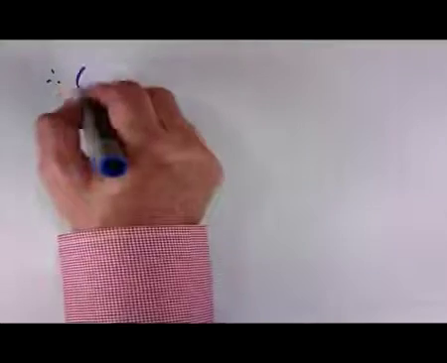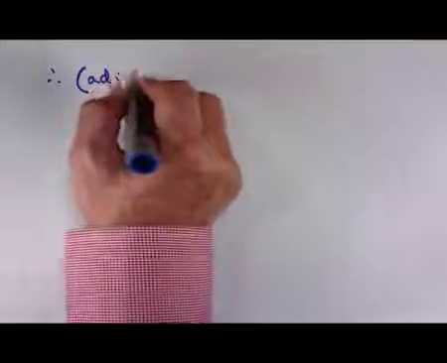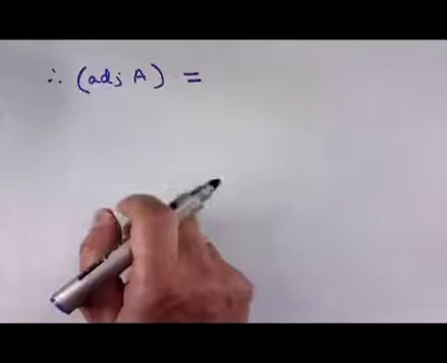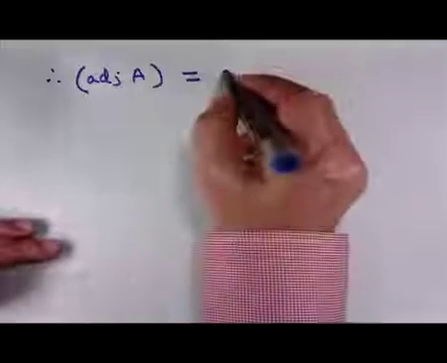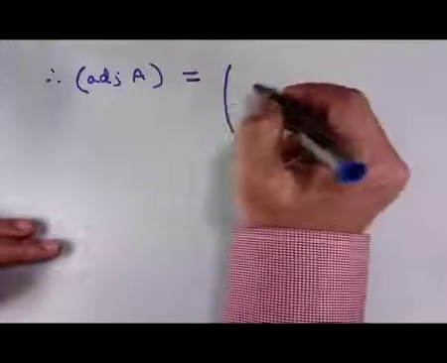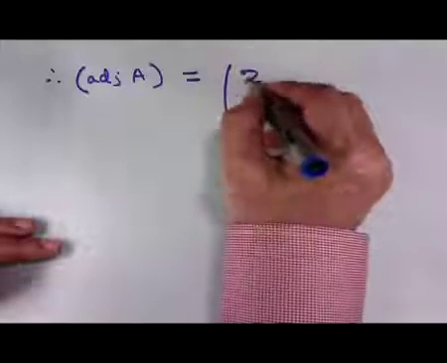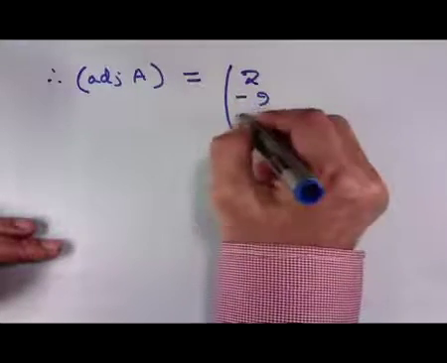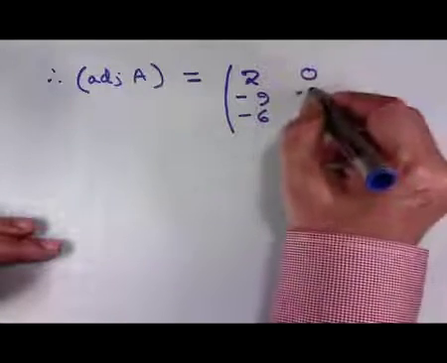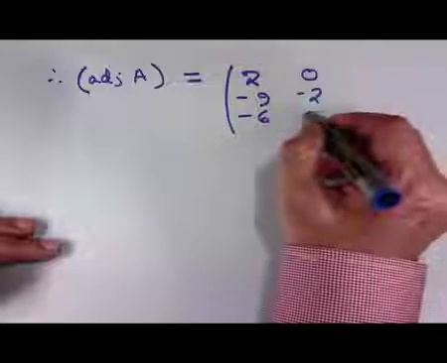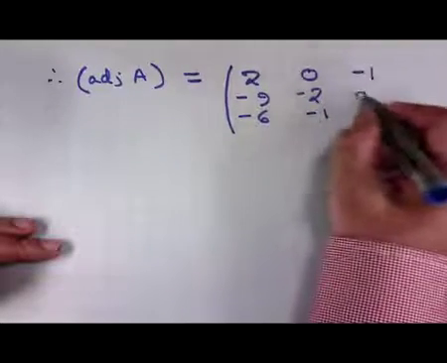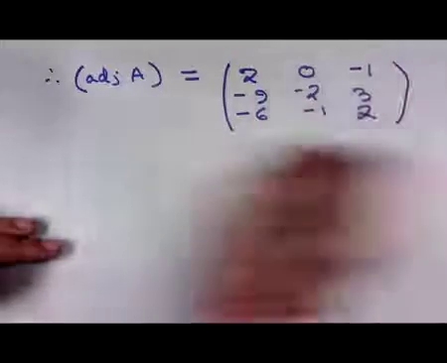Therefore, adjoint of A we get by writing the transpose of that matrix, is equal to 2 minus 9 minus 6, 0 minus 2 minus 1, minus 1 3 2.